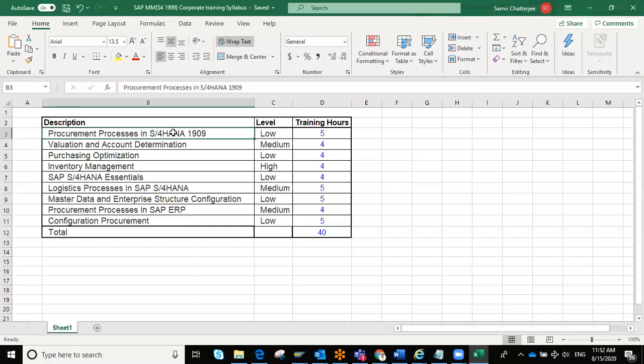The second, valuation, medium level, because you already know FI. The third, how to optimize purchasing and the approval process for FI related to procurement, you do not know, so it should go low level. So we have high level, low level and medium level.